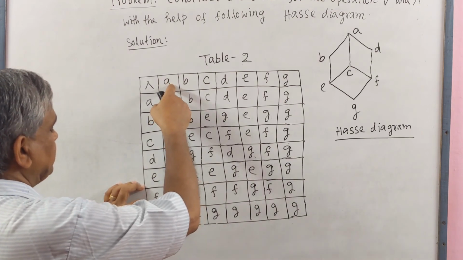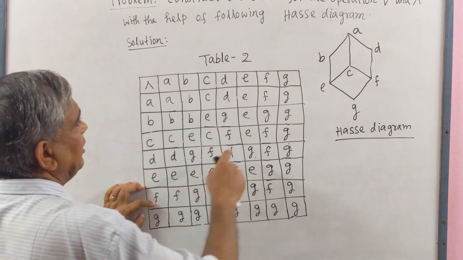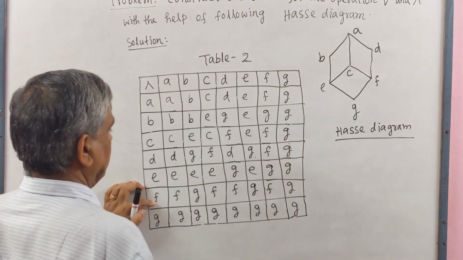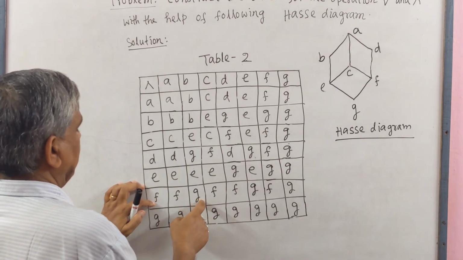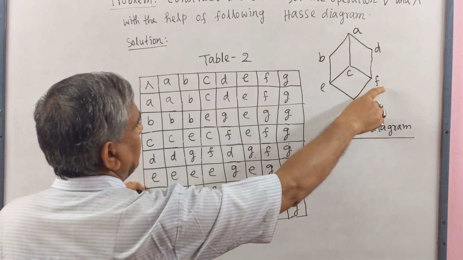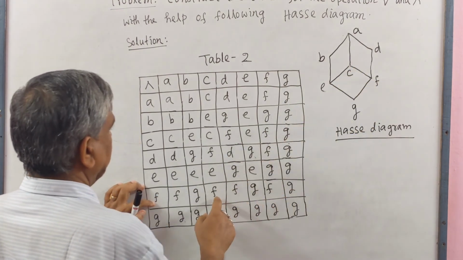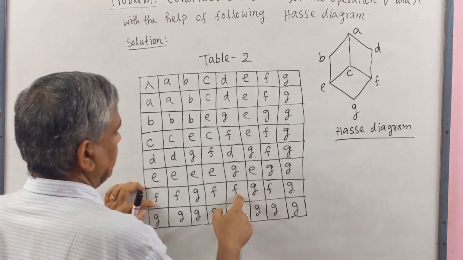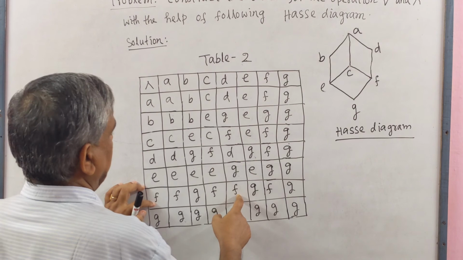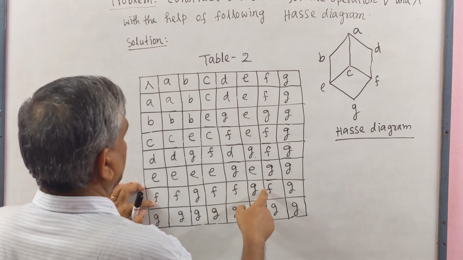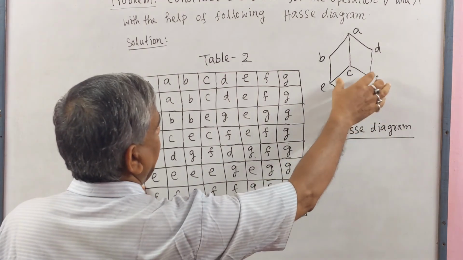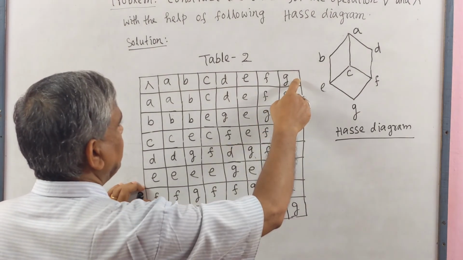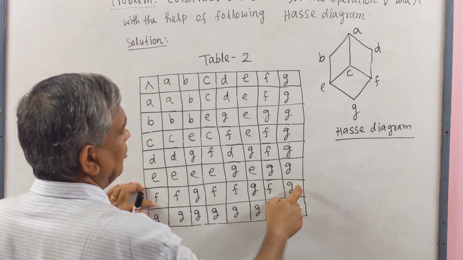Now F. F and A: A is on the highest level, so F. F and B will be G. F and C: F is in the lower level, so F. F and D: F is the lower level, so F. F and E is G. F and F is F, and F and G is G, G being the lowest level.